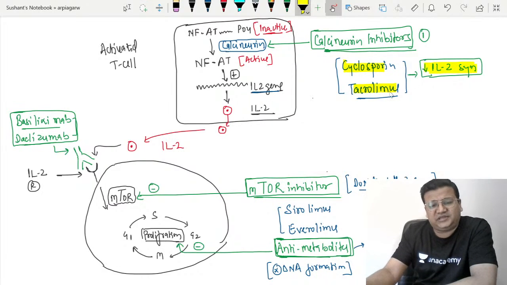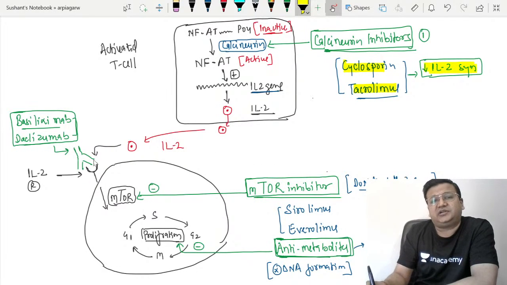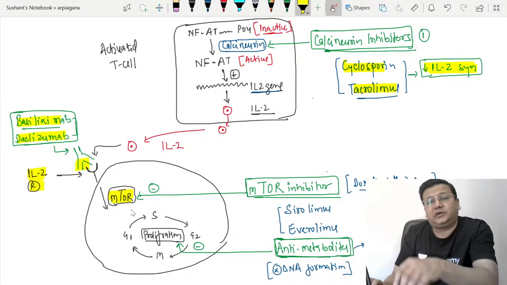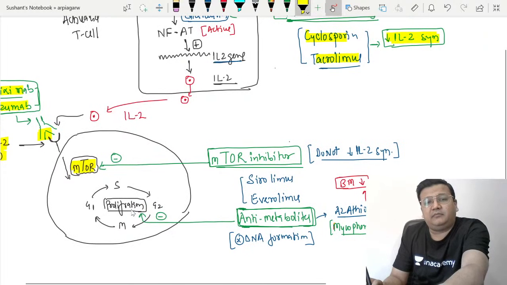If we cannot block this, we come to the second stage where we block the interleukin 2 receptor. Interleukin 2 receptor blocker antibodies like basiliximab and daclizumab. If you cannot do that also, then block the signaling caused by interleukin 2 receptor by blocking the mTOR protein.